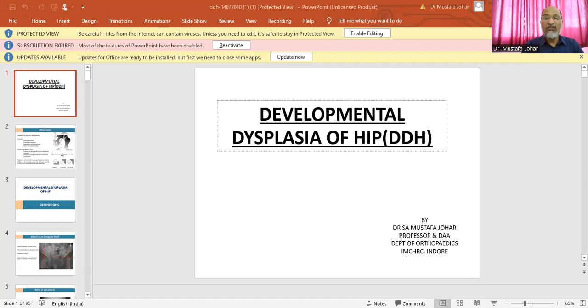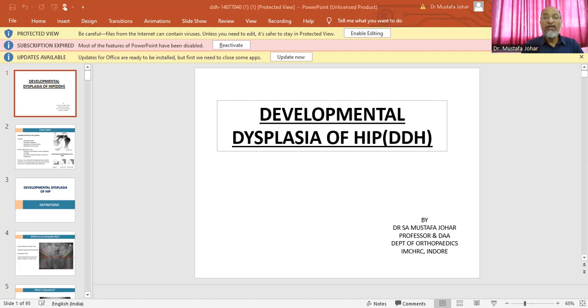Then you have a subluxation of the femoral head, where the dislocation is not complete, but there is a partial contact of the femoral head within the acetabular cavity or cup. And the other variety is the dislocated femoral head. In the last variety, the head is already outside the acetabulum at the time of birth.